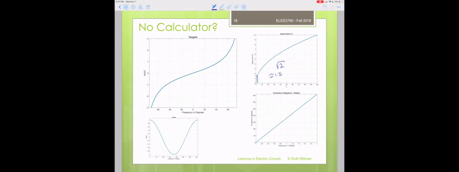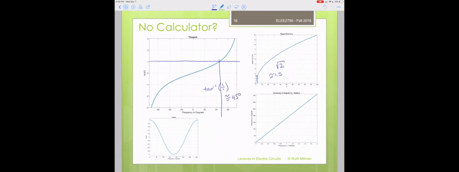Now, the other number that we had to use was the tan inverse of 1 over 1. So the tan inverse of 1, you would draw a line across 1. You would take that line, drop it down, and as you drop it down, you would see that the tan inverse of 1 is approximately equal to 45 degrees.